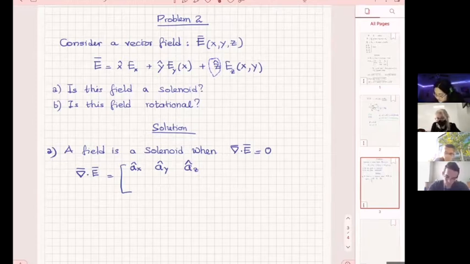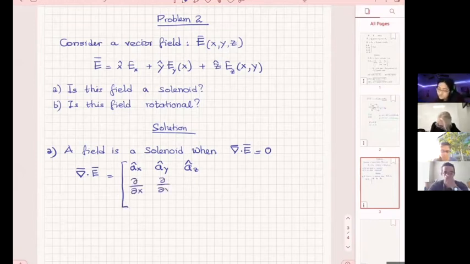But the book uses alpha sub x, alpha sub y, alpha sub z, so I have to do what the book wants. So this is del/del x, del/del y, del/del z, and then we have Ex, Ey, Ez, the three components of the vector field.